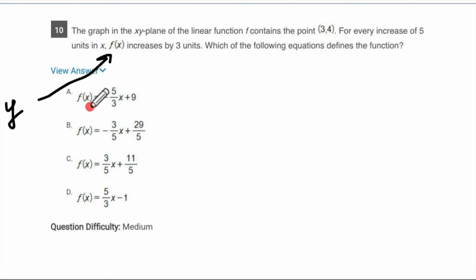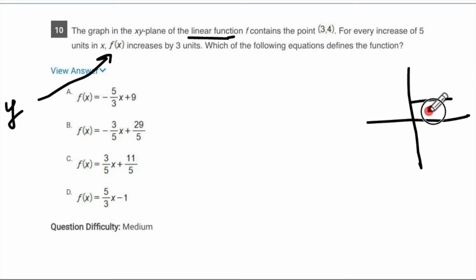So they're basically saying we have a linear function, which means it's going to be a line, and it has a point. And so they're basically saying if you had a graph, for every 5 that it goes this way, it's going to go up 3. So it's basically saying the slope is rise over run, right, is 3/5.